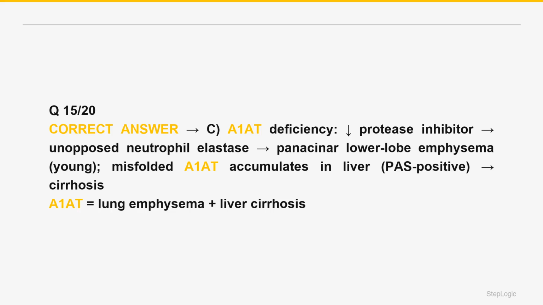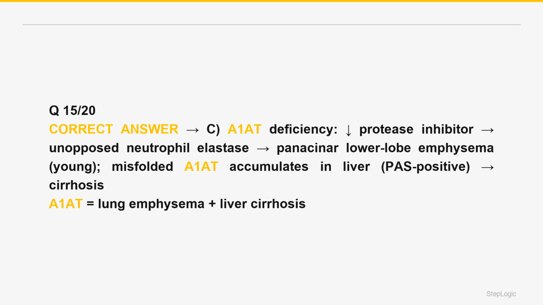The liver disease has a different mechanism, and this dual pathology is the high-yield twist. In the common PiZZ genotype, the abnormal A1AT protein misfolds and cannot be secreted, so it accumulates inside hepatocytes as PAS-positive, diastase-resistant globules, causing hepatocyte injury, cirrhosis, and increased hepatocellular carcinoma risk.